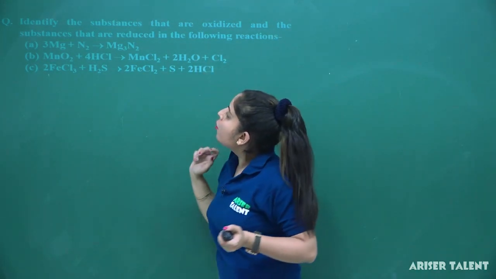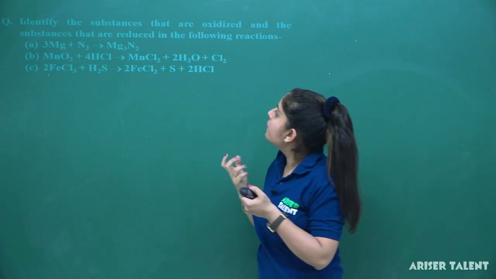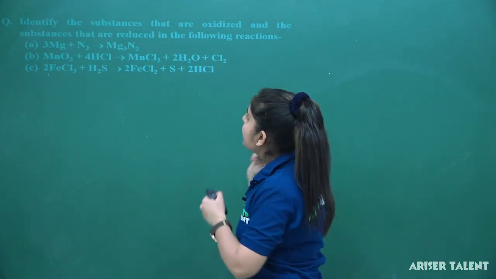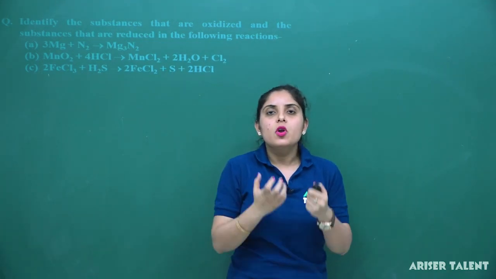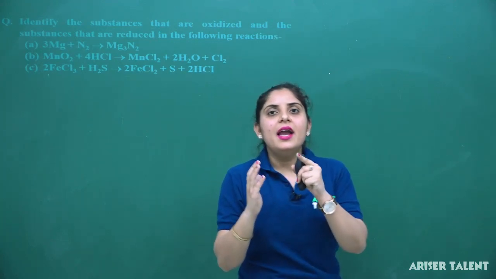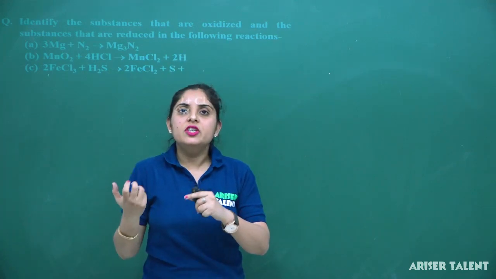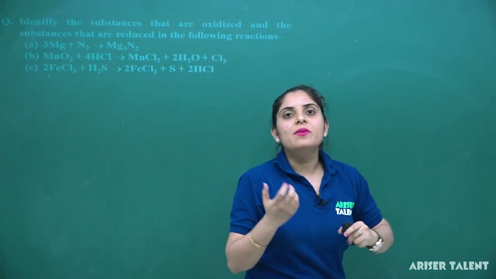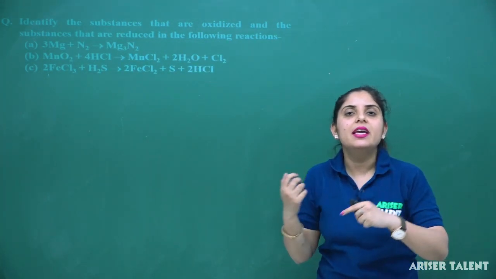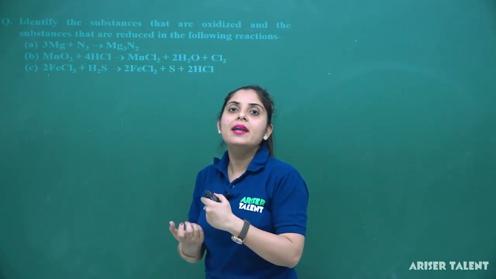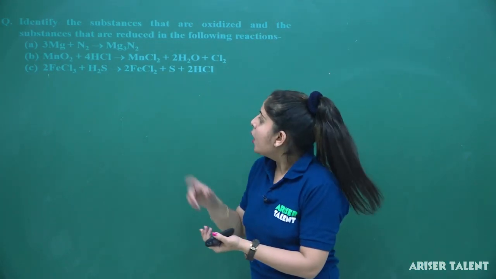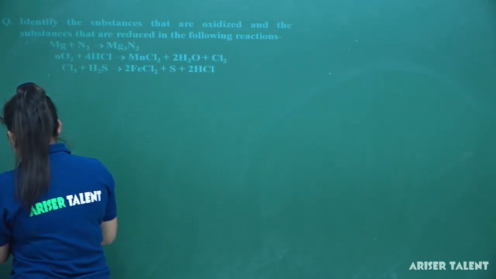Now consider the following equations and we have to identify which substance has been oxidized and which is reduced. So oxidation is basically the addition of oxygen and reduction is basically the addition of hydrogen. In oxidation we will add electronegative element. In case of reduction we are going to add some electropositive element. Now we will consider these equations one by one.